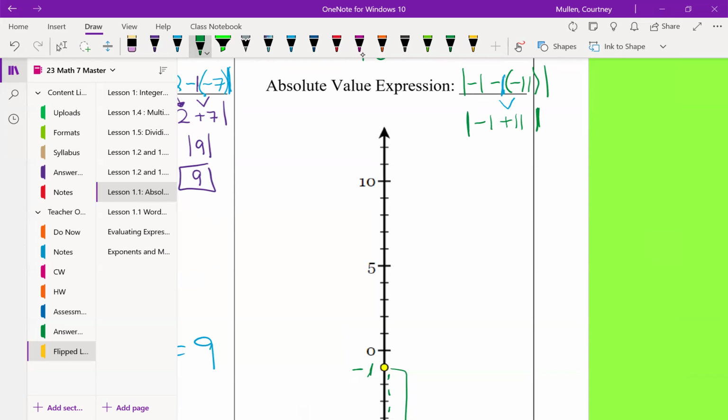Same sign or different sign? Different signs. Different sign rule, say it with me. Subtract and keep the sign of the higher number. So 11 minus 1 is 10. Which number is higher, 11 or -1? 11, keep the sign of the higher number. So 11 is positive, so the 10 is positive. So the absolute value of 10, which is 10.